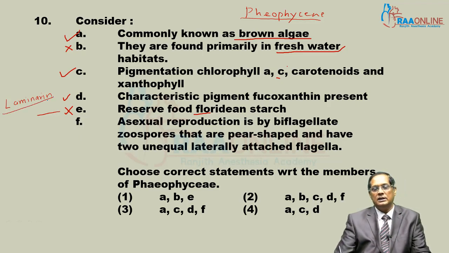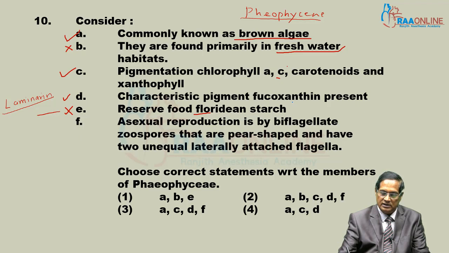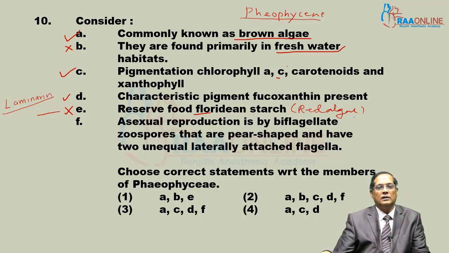Floridian starch is found in red algae. So this is incorrect with regards to the brown algae.